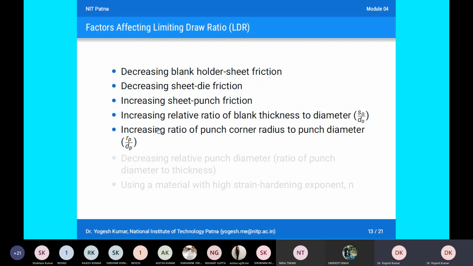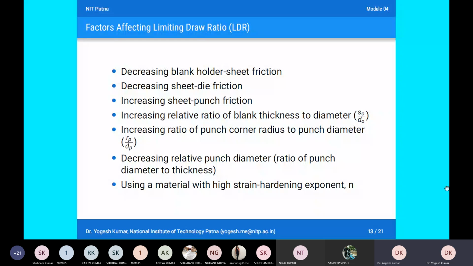Fifth, by increasing the punch corner radius to the punch diameter. Next, by decreasing the relative punch diameter, that is the ratio of punch diameter to thickness.